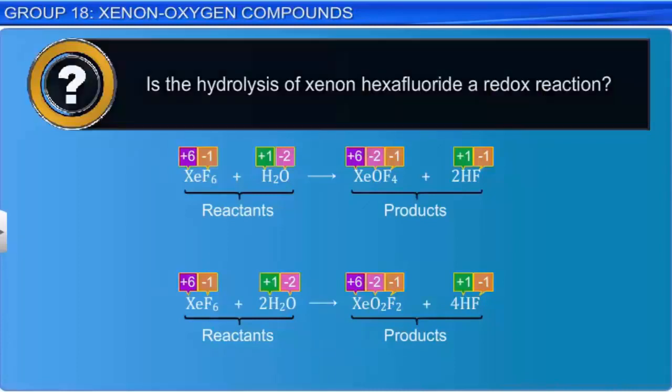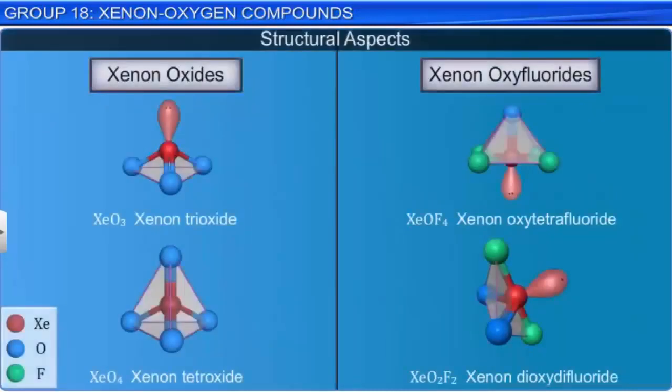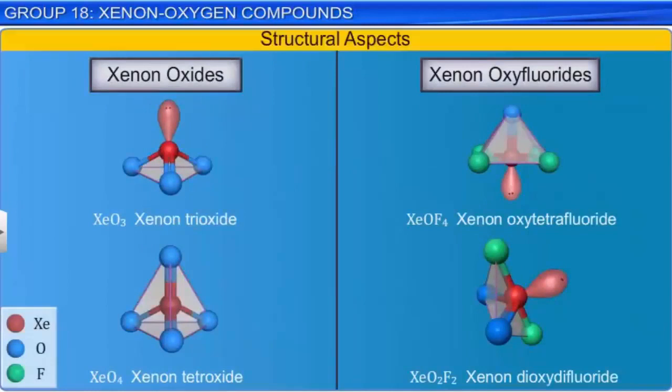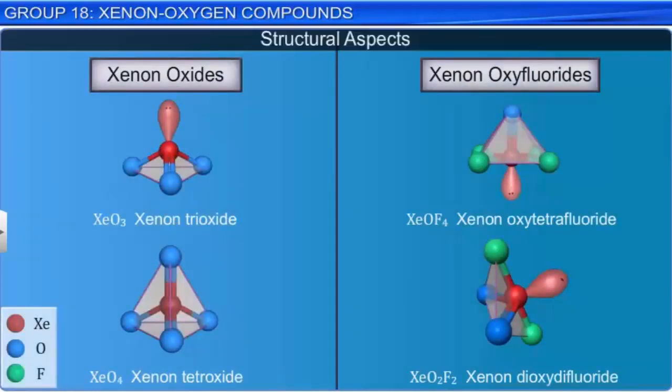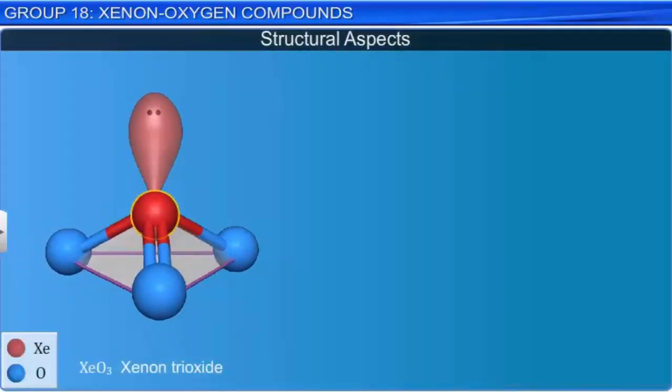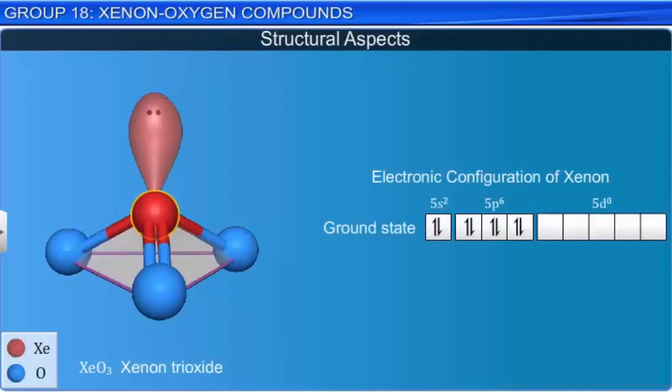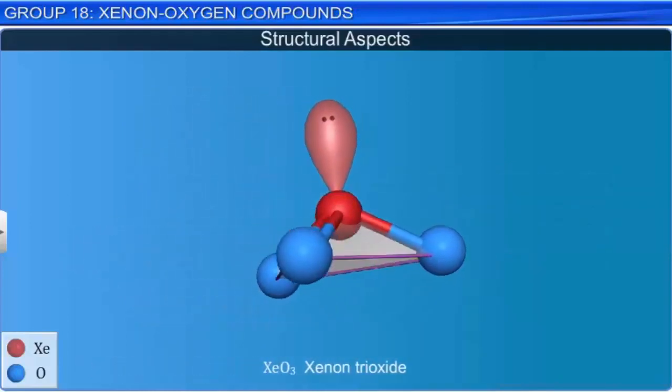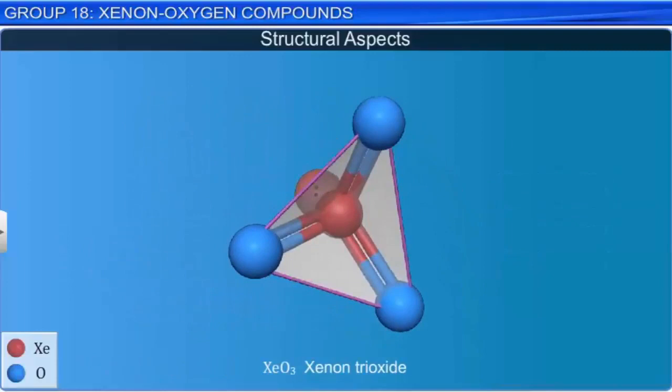Let us now take a quick look at the structural aspects of some of the oxides and oxyfluorides of xenon. The central atom, xenon, in xenon trioxide, undergoes sp3 hybridization. Xenon trioxide has 7 electron pairs.